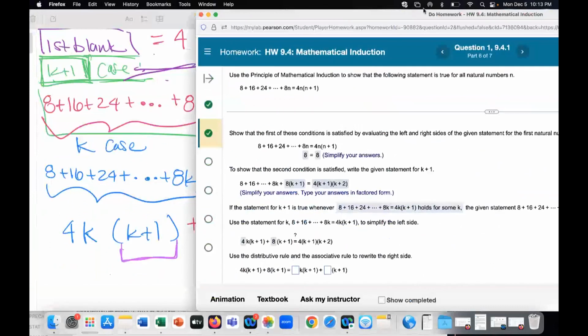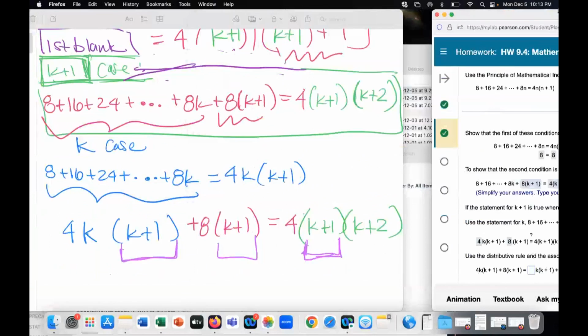Well, what I want to do here is I know I have this K plus 1. So I'm actually going to use the fact that multiplication is commutative and associative. I can do it in any order. And I'm going to rewrite, taking my 4 on the right-hand side and putting the K plus 2 with it. And then I'm going to leave the K plus 1 that was there.